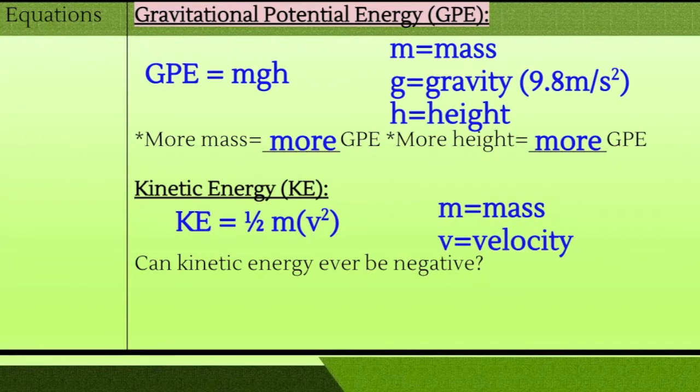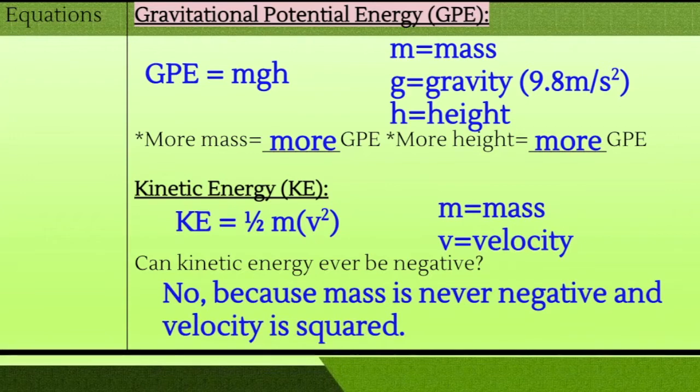It depends on mass and velocity. Well, mass can never be negative, and velocity could be negative or positive. But since velocity is squared in our equation, even if velocity was negative, a negative squared gives us a positive. So therefore, kinetic energy can never be negative.